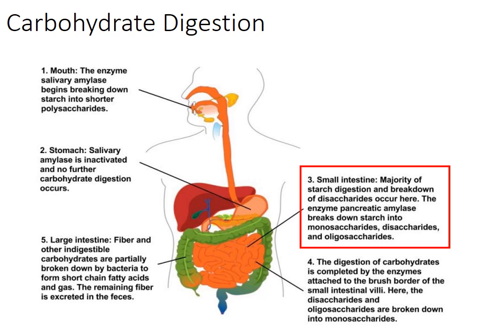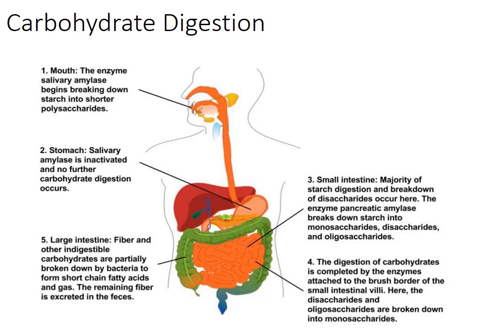Upon entry of the chyme into the small intestine, the pancreas releases pancreatic juice through a duct. This pancreatic juice contains the enzyme pancreatic amylase, which starts the breakdown of dextrins into shorter carbohydrate chains. Additionally, enzymes are secreted by intestinal cells. These enzymes include sucrase, maltase, and lactase.